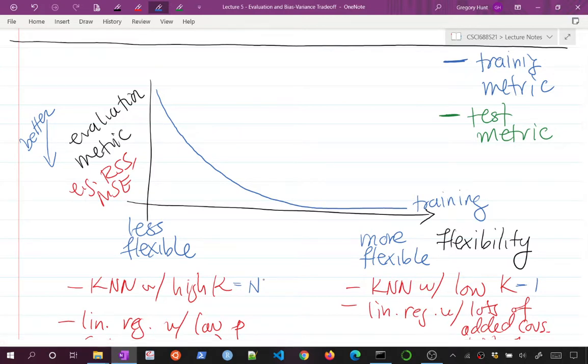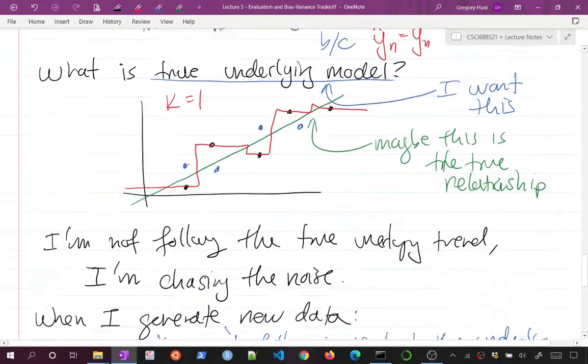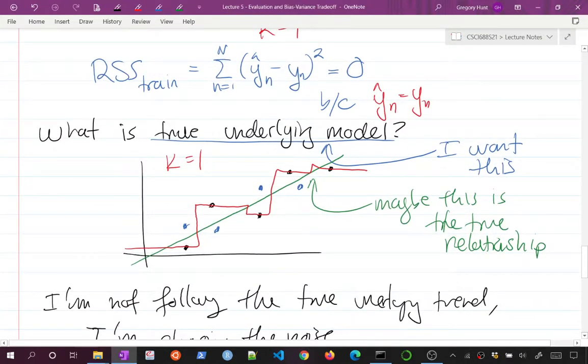So as I increase the flexibility, as we did in this example above, I'm going to be able to fit this training data better and better. Eventually, for some models, you can interpolate it. You can't always do that for linear. Well, I guess you could for linear regression. If you add enough covariates, you'll interpolate your data also. We didn't really talk about that, but if p starts to go to n, you'll start to interpolate your data for linear regression.